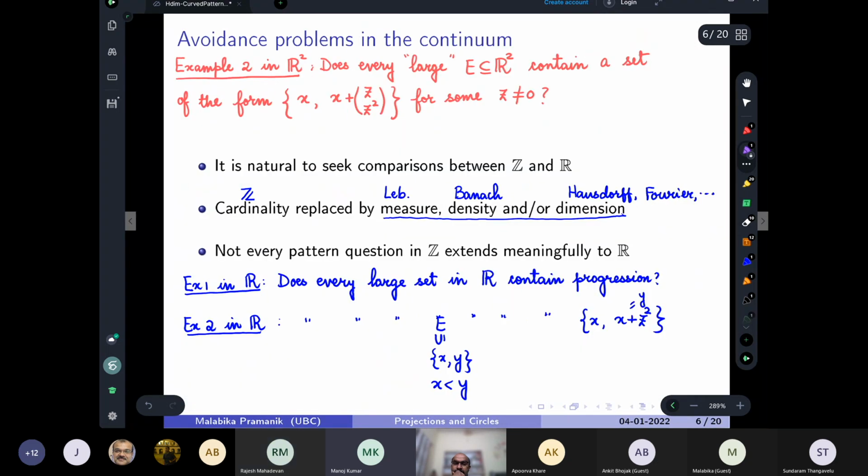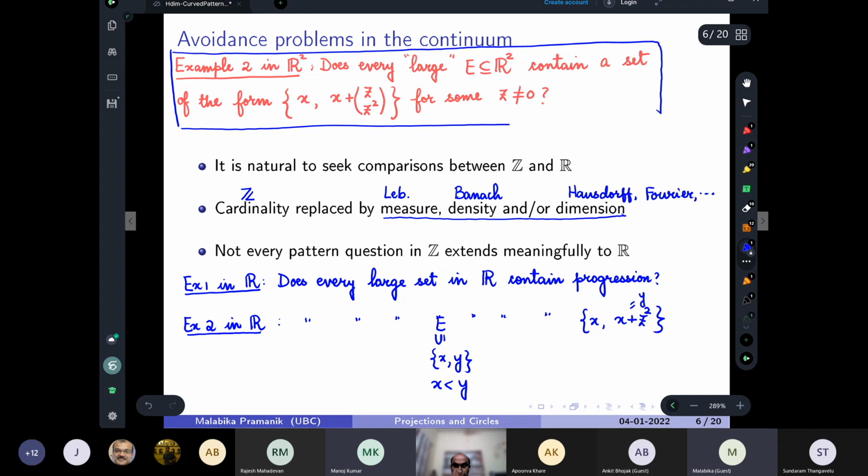Remember, I posed this question: does every large subset E in R2 contain a set of the form x, x plus z, z squared? So this x is in R2. Z is in R. Okay. Thanks.